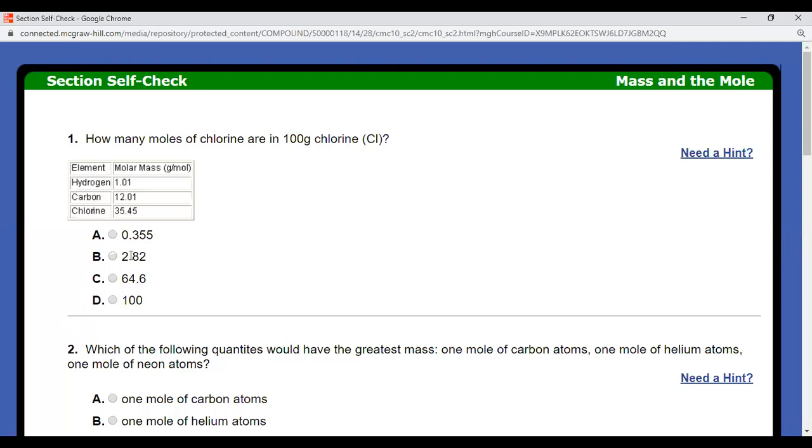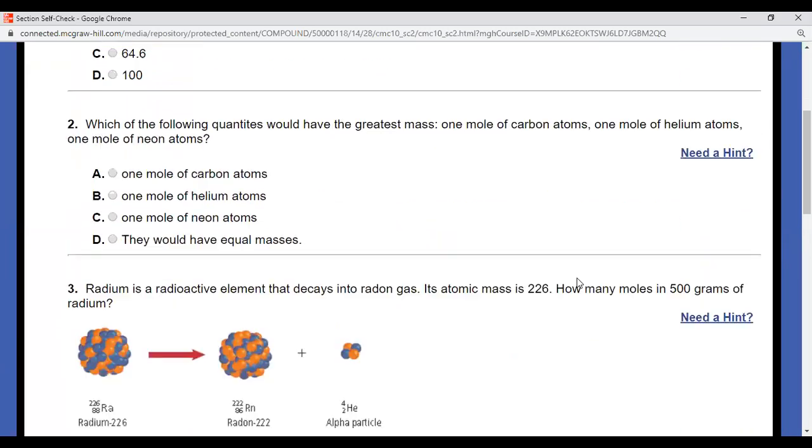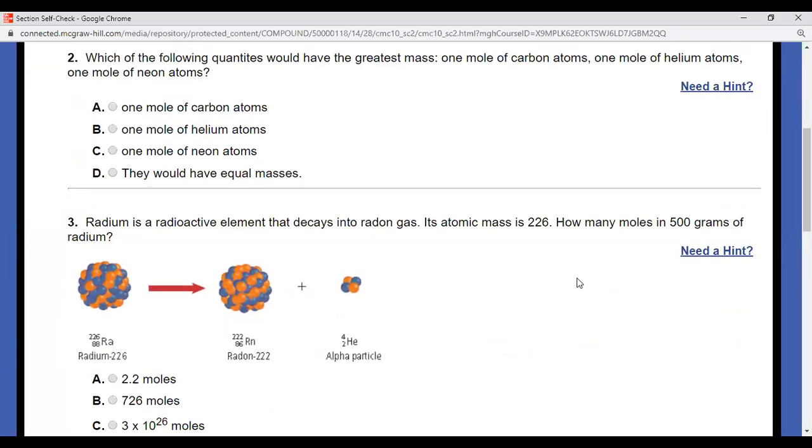Mazen, question number 2. Which of the following quantities would have the greatest mass? 1 mole of carbon atoms, 1 mole of helium atoms, or 1 mole of neon atoms.